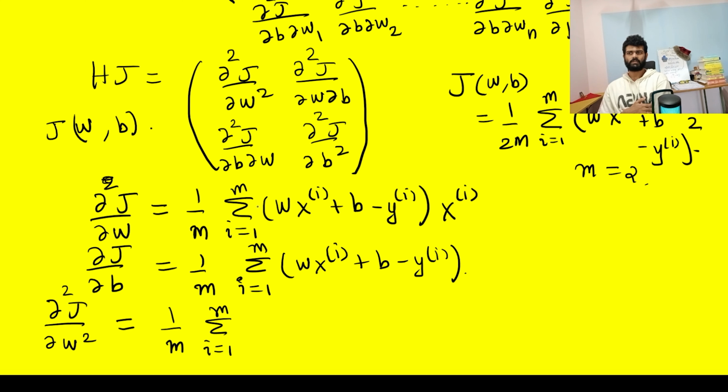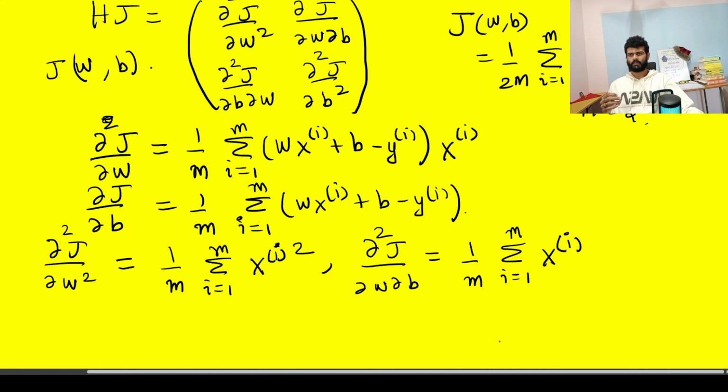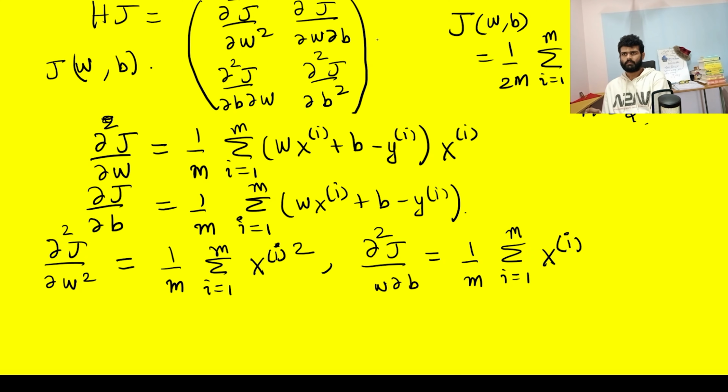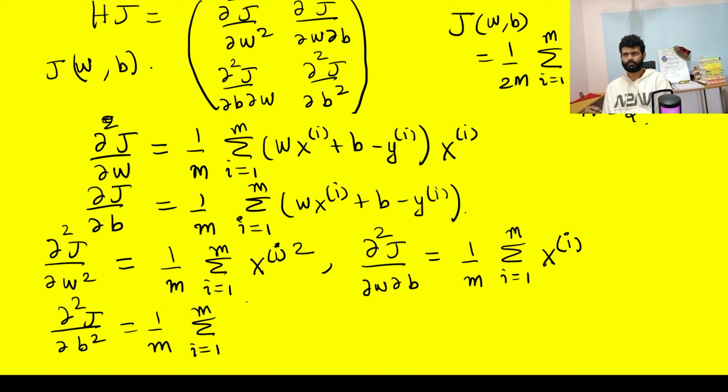You take the partial derivative of this one, so the partial derivative goes inside the summation, and it will be xi, and then there's one more xi here, so it's xi squared. The second partial with respect to w and then b will be 1 by m summation of xi, since when you take the partial with respect to b, that leaves xi. And the second partial with respect to b squared will be the sum over i = 1 to m of just 1.